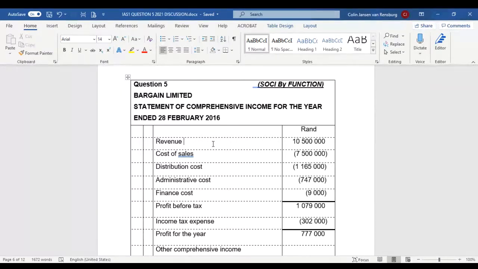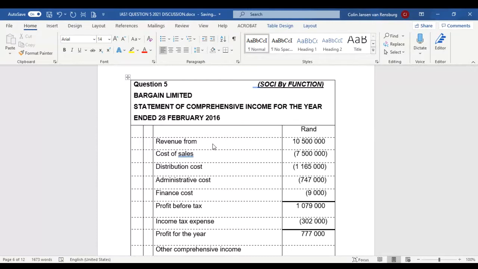So now you'll have to provide, as part of the notes to your financial statements, an explanation of what is included in the revenue. If you had one source of revenue, let's say this company only had revenue from sales, then you could have simply typed revenue from sales, and then you do not need a revenue note.